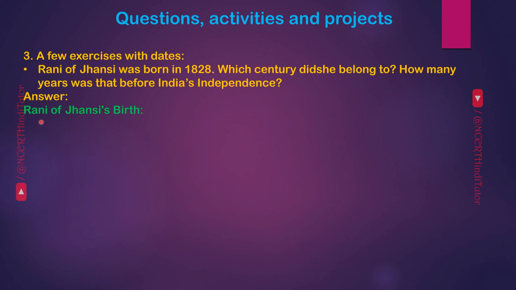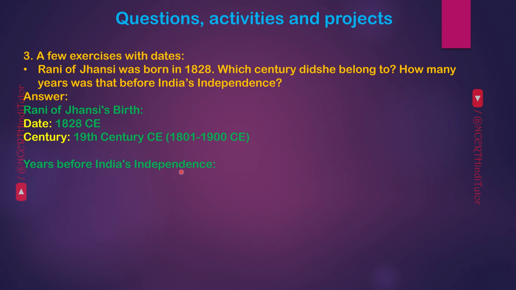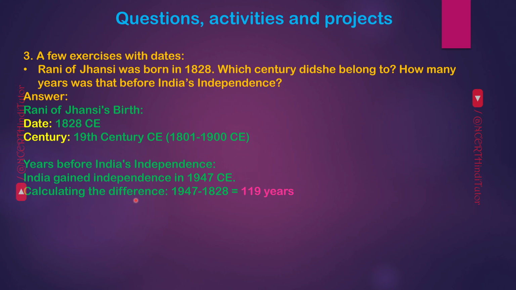Answer: Rani of Jhansi's birth date 1828 CE, century 19th century CE, 1801 to 1900 CE. India gained independence in 1947 CE. Calculating the difference, 1947 minus 1828 is equal to 119 years.